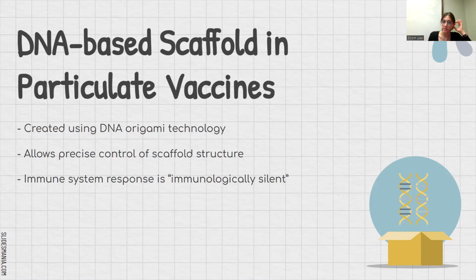So after this vaccine was given to mice, which are commonly used for this type of testing because they have very similar genomes to people, it was observed that large amounts of antibodies against the spike protein were produced and none against the DNA scaffold. The spike protein that I'm talking about is essentially the coronavirus.